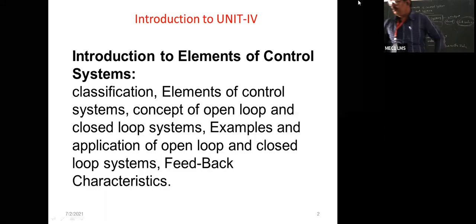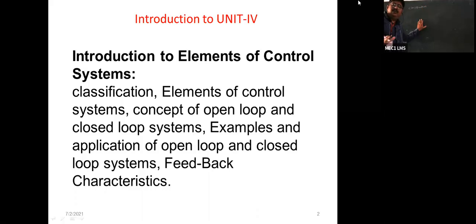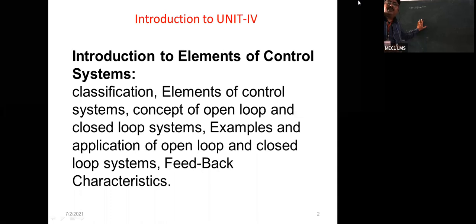Another 15 minutes more time is there, so I will discuss one more topic, the classification. Now we have to go for the classification of control systems. It is a very important compulsory question, in the mid or end semester examination.